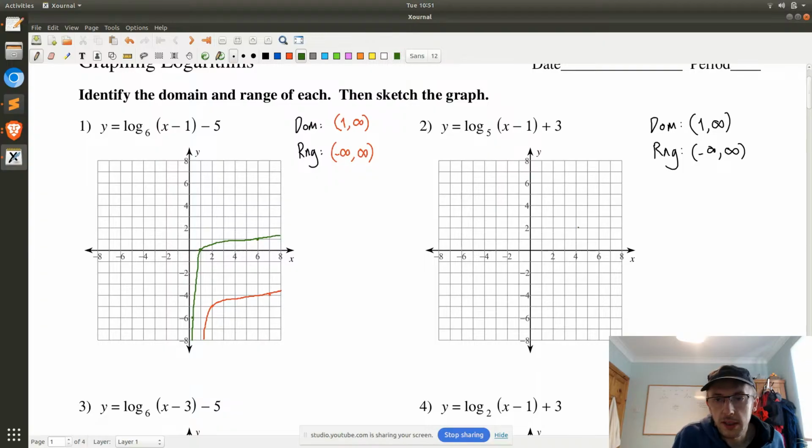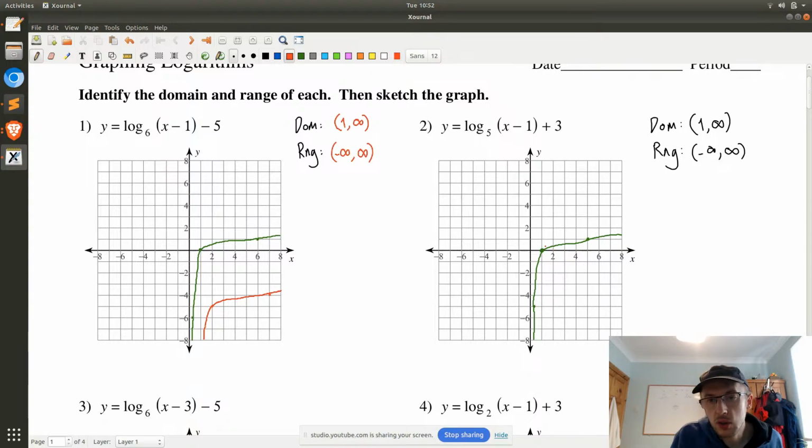So first draw log base 5 of x. Log base 5 of x will look like this. Like that. And taking away 1 translates it to the right by 1.